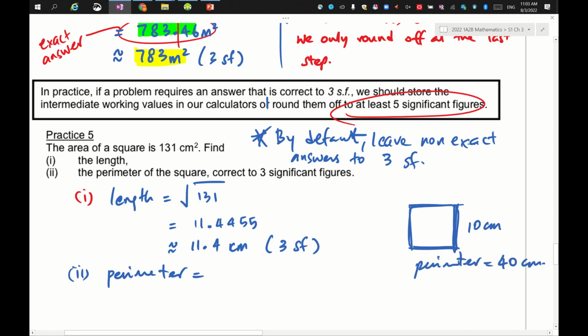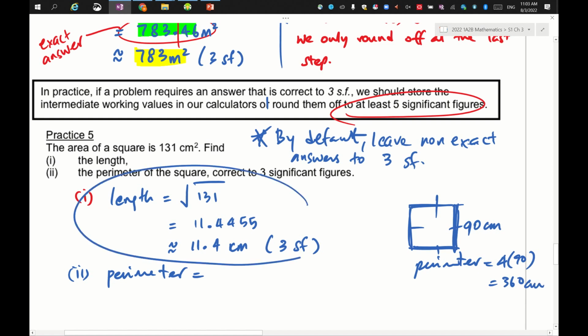How do you get 40? 10 times 4, all of them are 10, right? Okay, what if it is 90? What is the perimeter? 360. How do you get 360? So again, 4 times 90, isn't it? So you get 360.